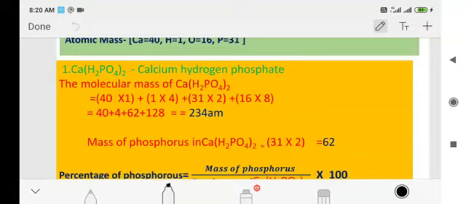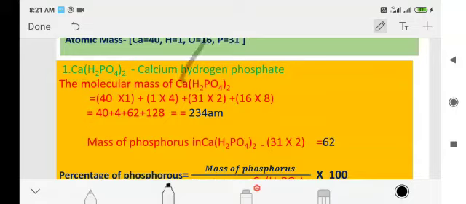The formula of calcium hydrogen phosphate is Ca(H2PO4) whole twice. And we have to find out first the molecular mass of this compound. To find out the molecular mass of this compound, you need to break down each and every element separately.